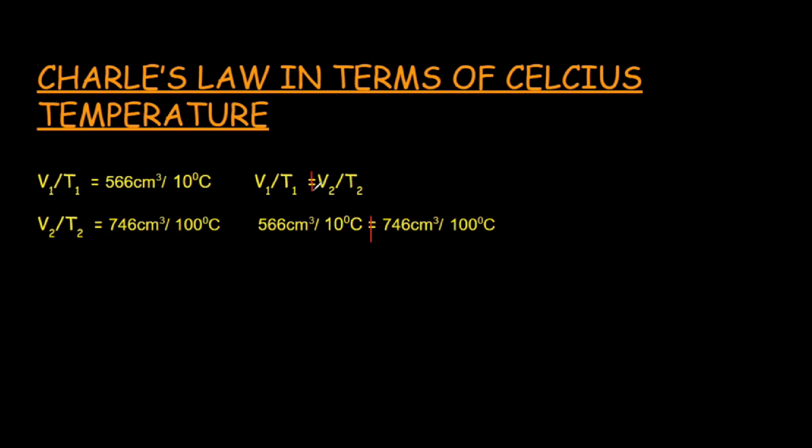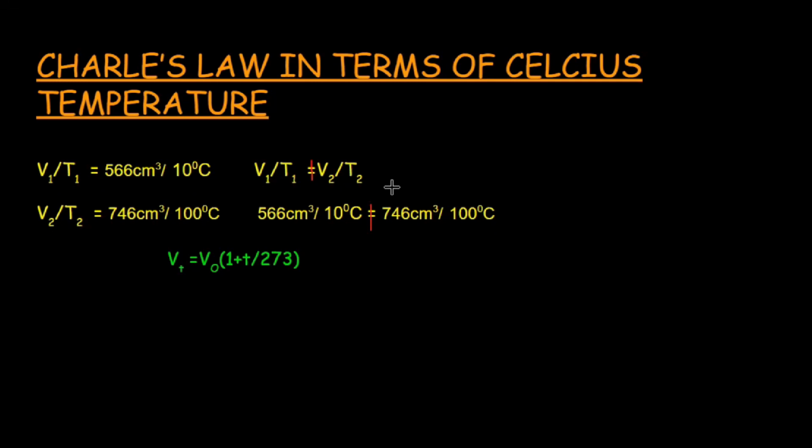So this equation needs modification, and the modified equation to prove Charles' law in terms of Celsius temperature is Vt equal to V naught into 1 plus T by 273. You can see here T is the temperature in Celsius scale and a factor of 273 has been introduced in this equation, right?